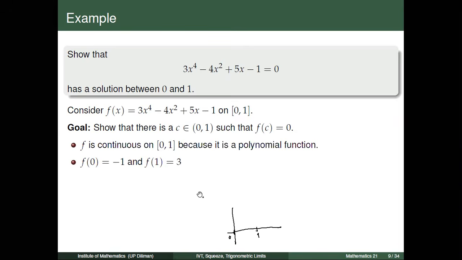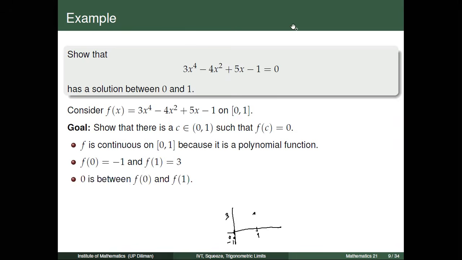So we have that f of 0 equals -1, while f of 1 equals 3. And note that 0 is between the values of f at the endpoints, -1 and 3.